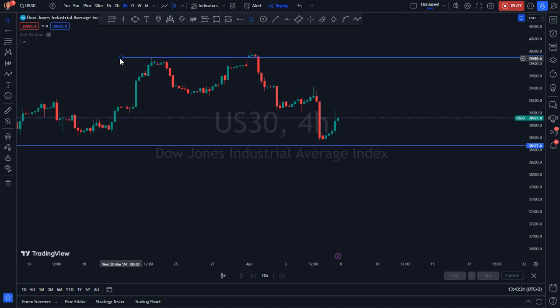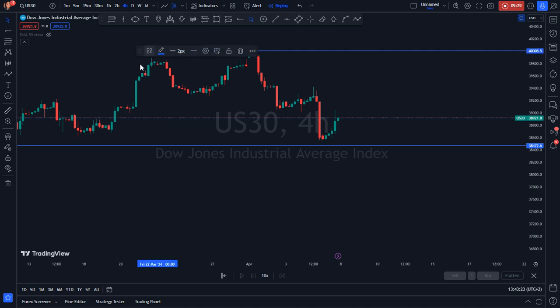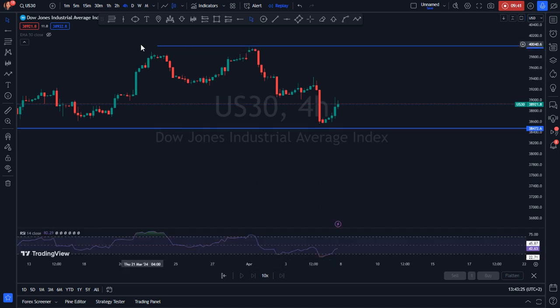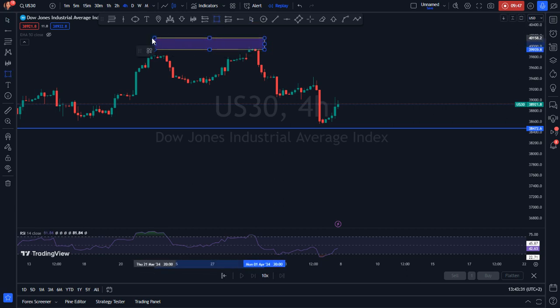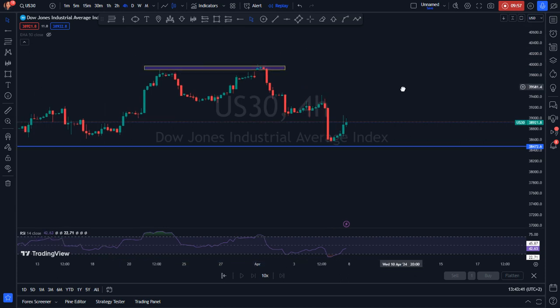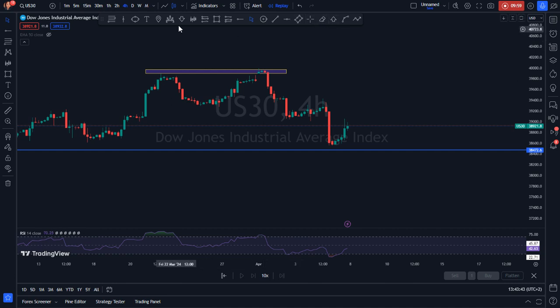So when you go to this highest time frame, we're gonna say this was more like a double top. Okay, let's just use a zone. Let's just use this zone right here.